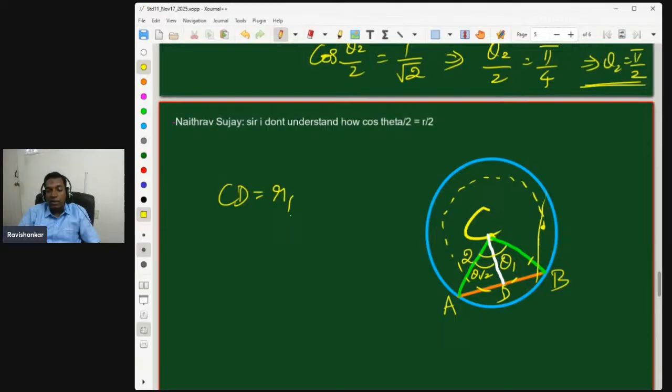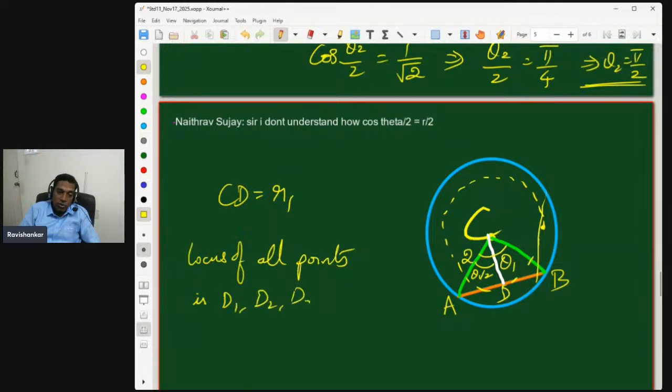Why is CD equal to R1? So the locus of all points is D, D1, D2, D3, etc. So this is D. There could be a D1, there could be a D2. All of them will lie at the same distance from the center if they have to subtend the same angle. This is the big idea.